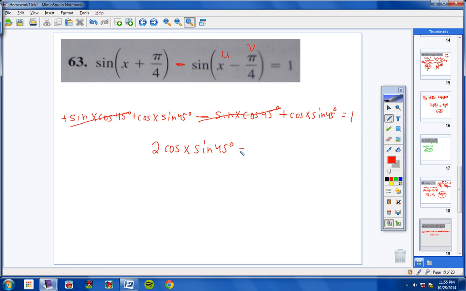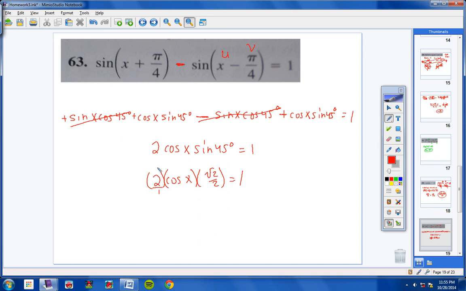Now students, the sine of 45 is square root of 2 over 2. So really you have 2 times cosine x times square root of 2 over 2, which we'll put over 1. Remember, when you're multiplying, you can multiply in any order you want.